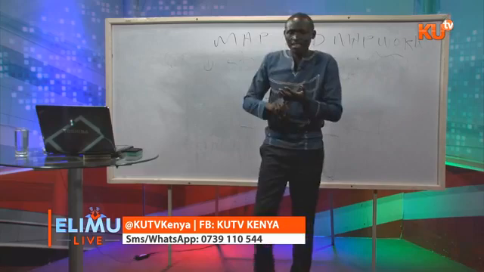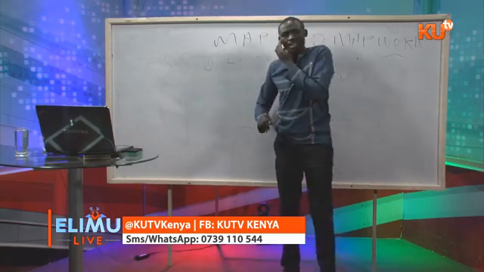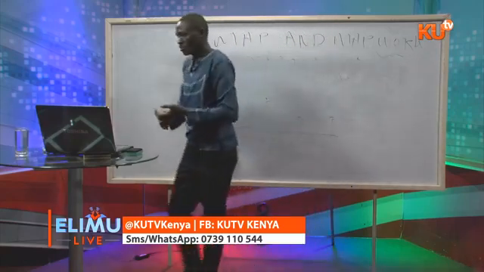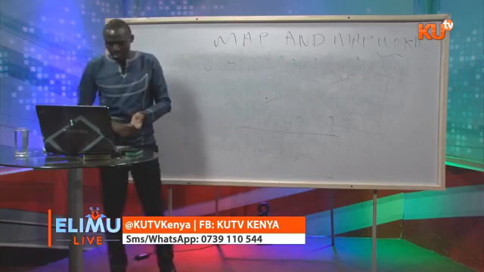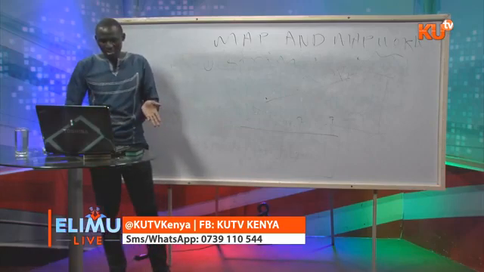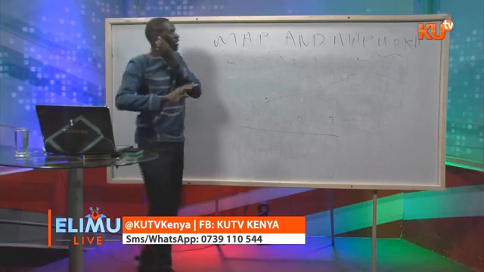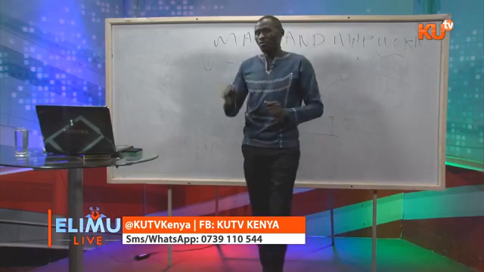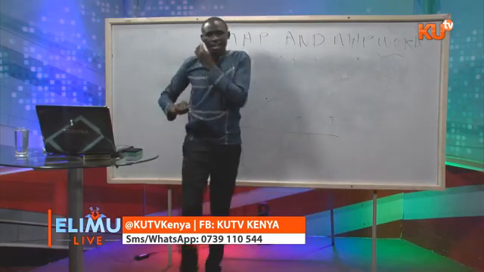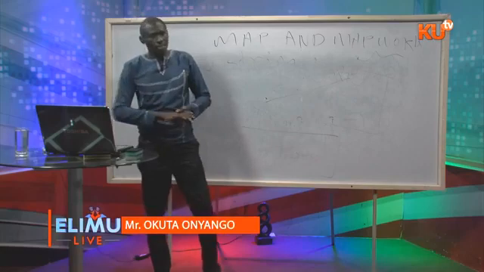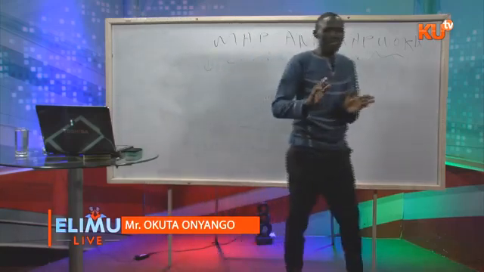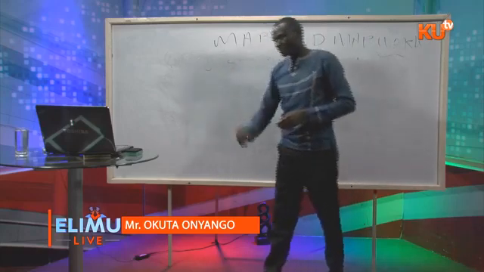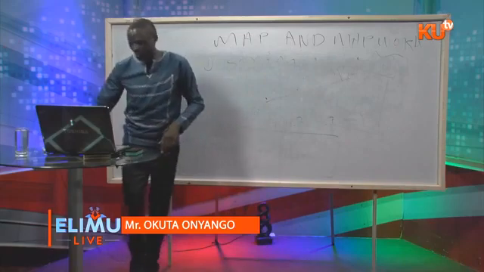And we said the large scale ranges between 1 to 1,000 and 1 to 10,000, and then the medium scale focuses on between 1 to 50,000 and 1 to 100,000, and then the last one, which is the small scale, focuses on 1 to 500,000 and 1 to 1 million. So that's what it focuses on.